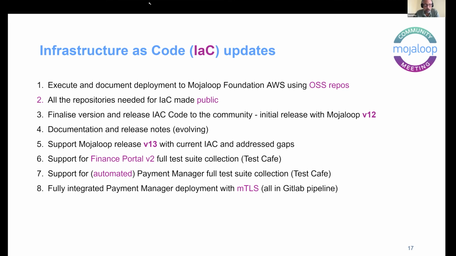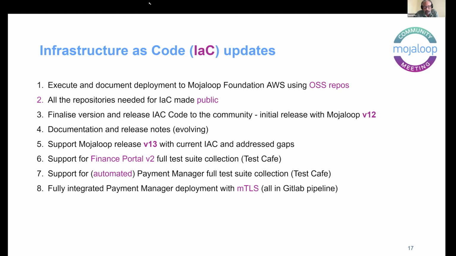So that's one of the components that I'm looking forward to having greater collaboration with the community on getting over the line. From other testing elements, there are TestCafe test collections that are being executed for a finance portal. And we do have Payment Manager golden path tests collections that are being executed as a part of this IAC.